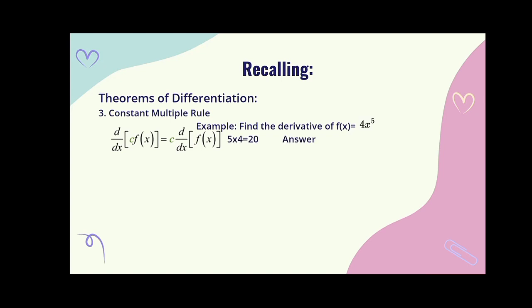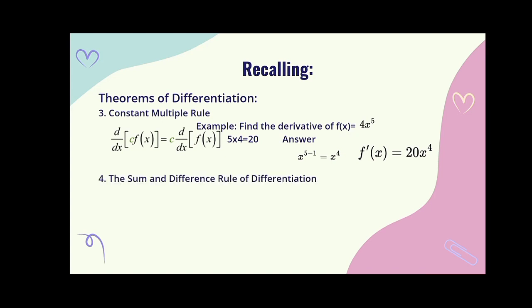First, we will multiply the exponent 5 to the coefficient of the variable x, which is 4. So 5 times 4 is equal to 20. The second step is we will subtract 1 from the exponent 5, which is 5 minus 1, or x raised to 5 minus 1 is equal to x raised to 4. So the derivative of this function is equal to 20x raised to 4.